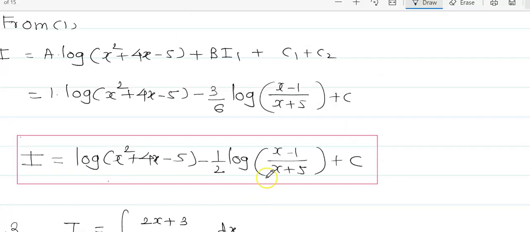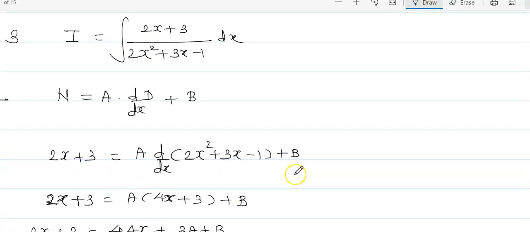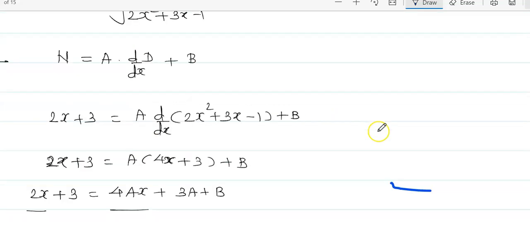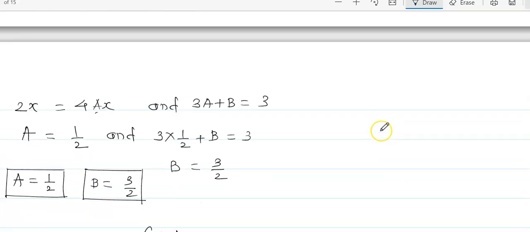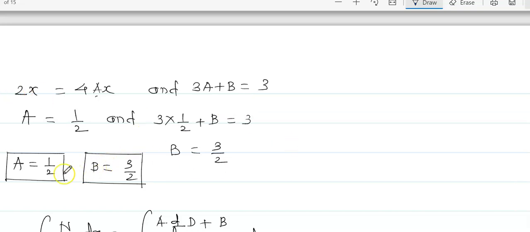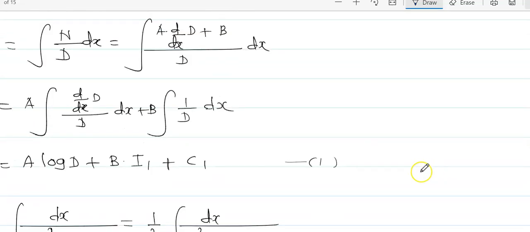Now again, you can see this problem number 3. How it is up to this step from these two. Yes. Numerator is equals to a into ddx of the denominator plus b. Next is the values of a and b, 1 upon 2, 3 by 2. Express the numerator upon denominator. Separate it.